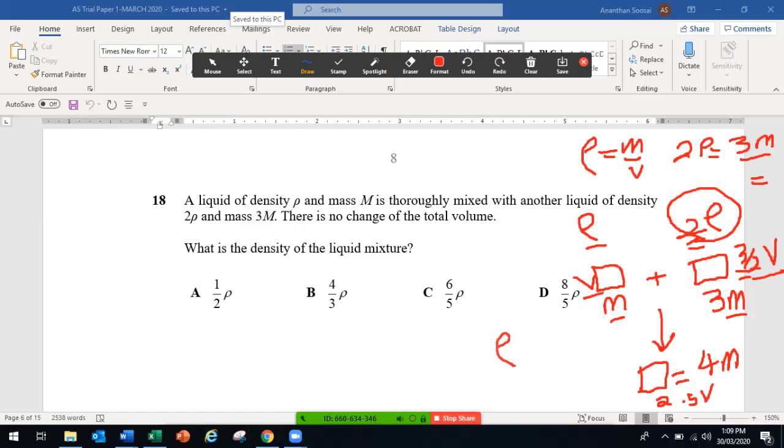So the new density is 4m over 2.5V. 2.5 is actually 5 over 2, so it is 8 over 5 rho.